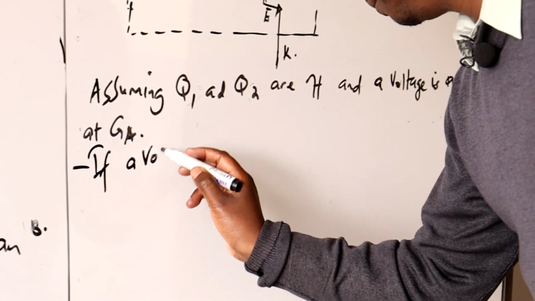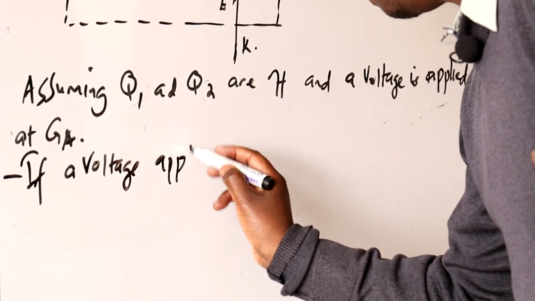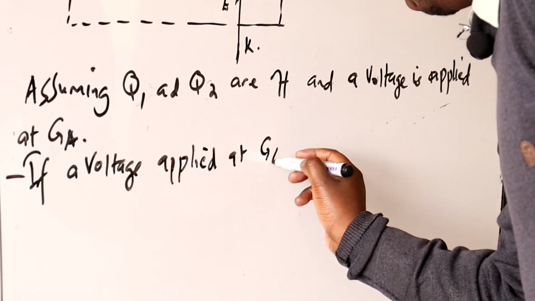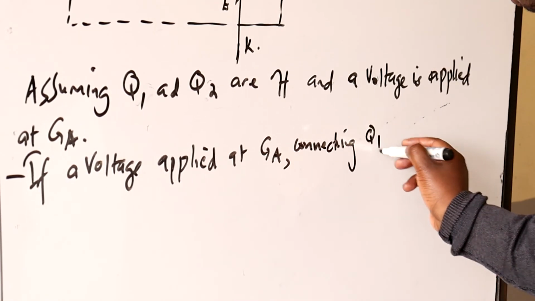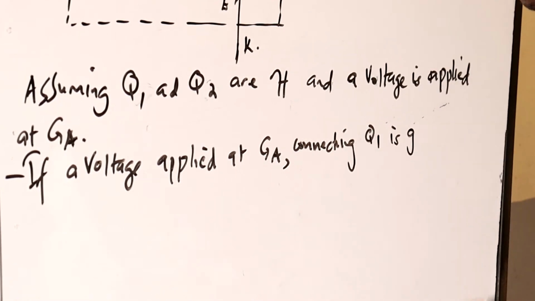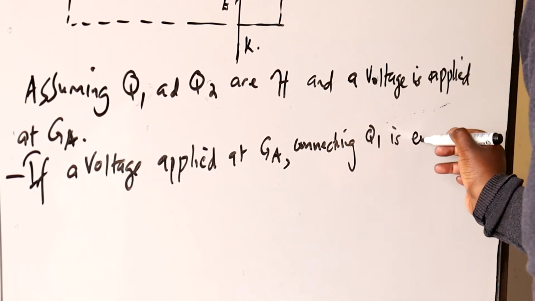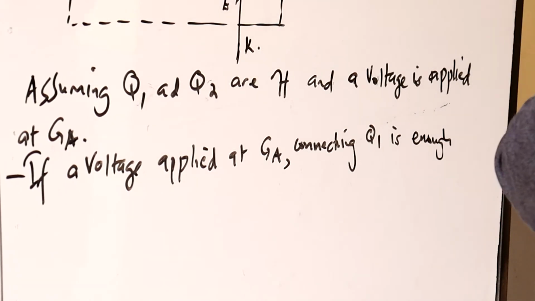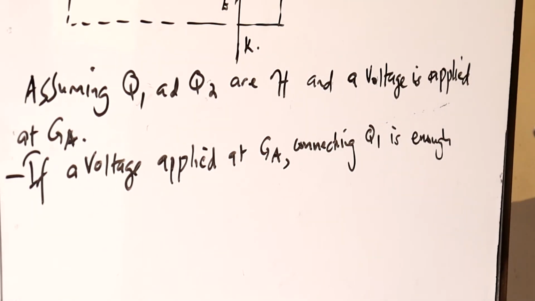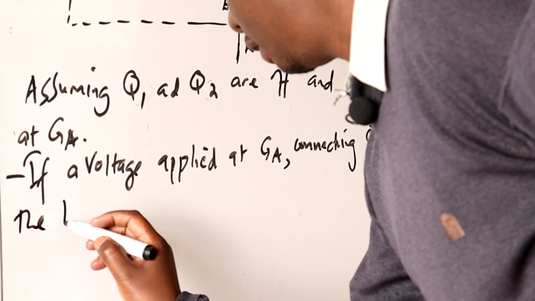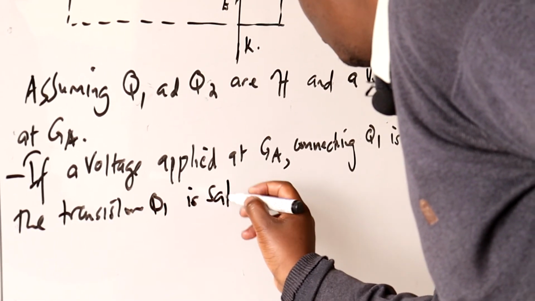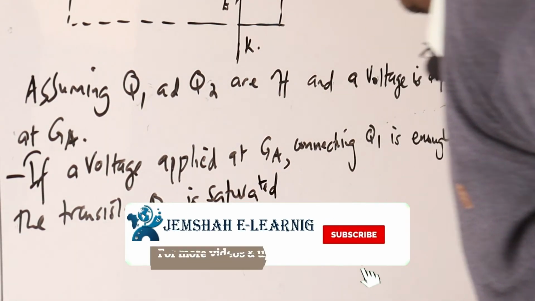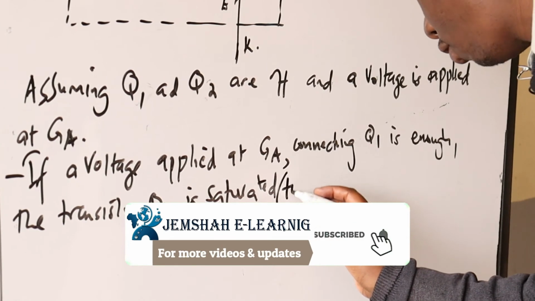If the voltage applied at gate A, connecting Q1, is enough or greater, the transistor Q1 is saturated, what I will also refer to as turned on.